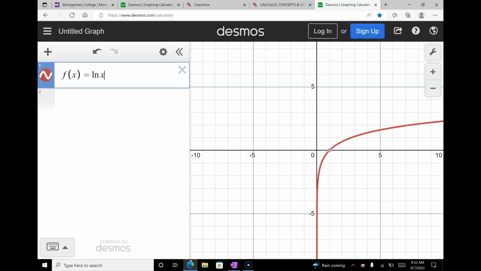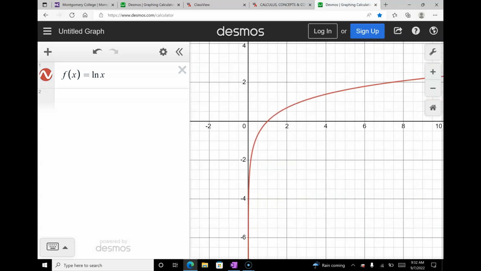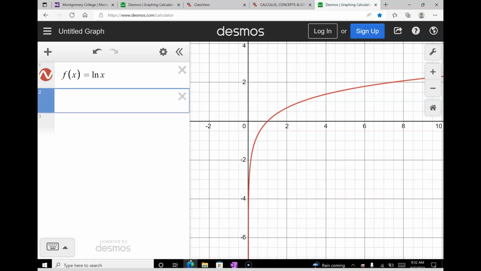This should be a good friend of yours from pre-cal. What's my domain? All real numbers? Positive, yes, positive real numbers. So 0 doesn't work here either, right? And we have our point (1, 0). They gave that to us.